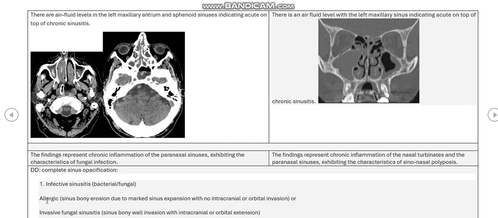This is its main problem. However, there is no bone invasion into the intraorbital or the intracranial cavity. However, in invasive fungal sinusitis, there will be bone invasion with intraorbital and intracranial invasion. Invasive fungal sinusitis. Okay.